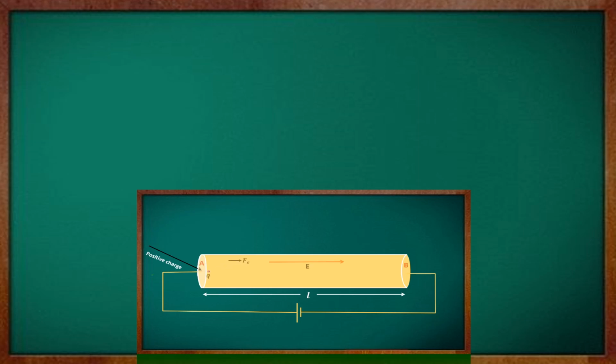You can see here, the work done by the electric force on the free charge Q equals force into distance. We have got it as W equals Fe L. This is the total work done on the total charge Q. But I want to find the work done by the electric force on unit charge, isn't it?